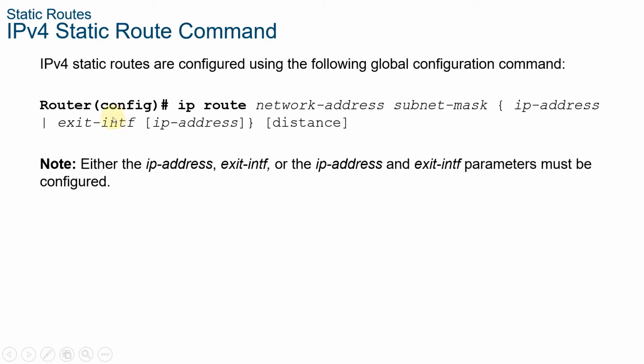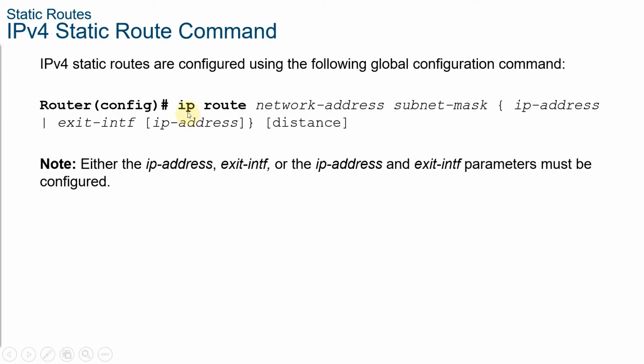On the global config, you have to type in ip route followed by the network address, subnet mask, IP address, exit interface, IP address, and the optional distance. Either the IP address or the exit interface or the IP address and the exit interface parameters must be configured. All right. Now, what are these parameters that we have here?